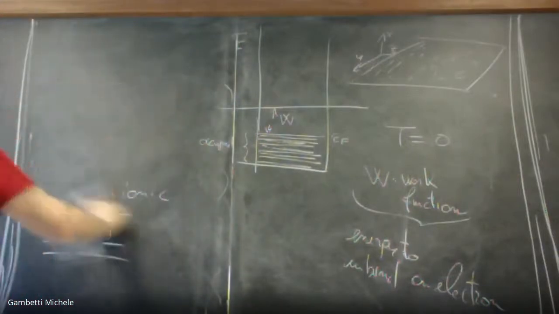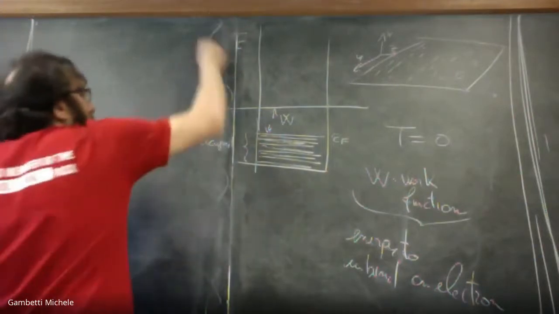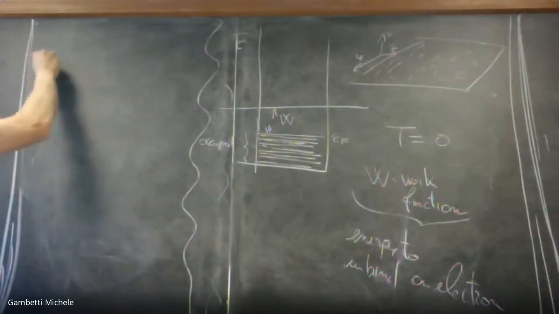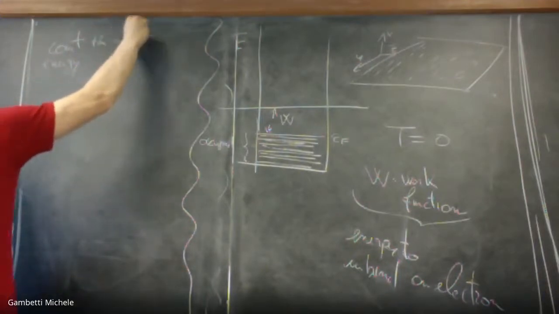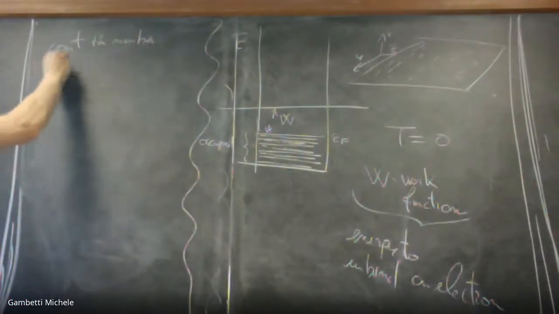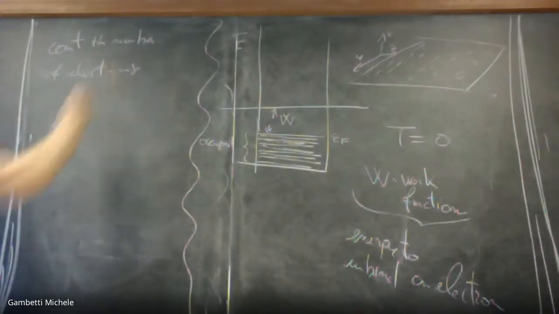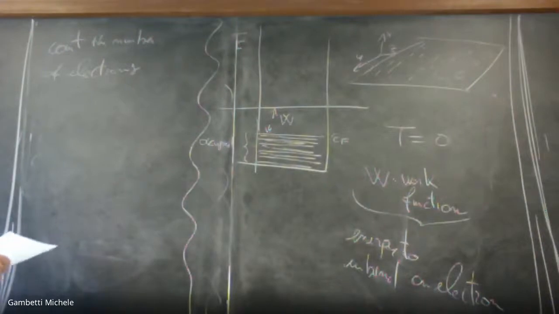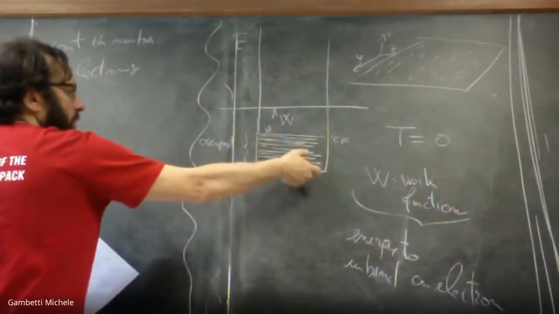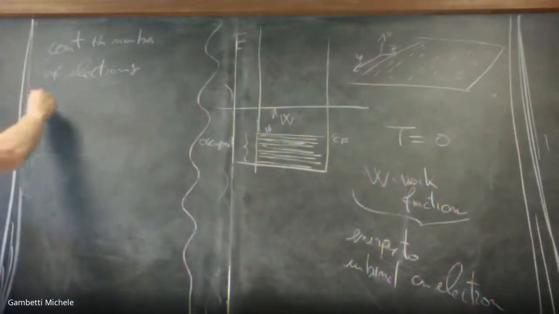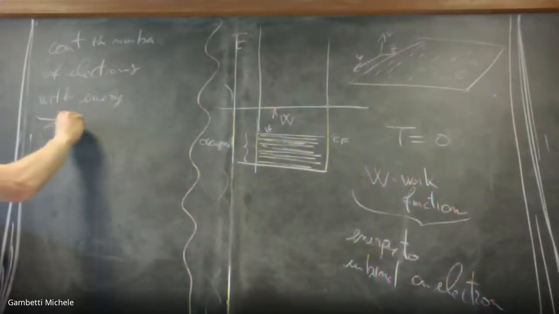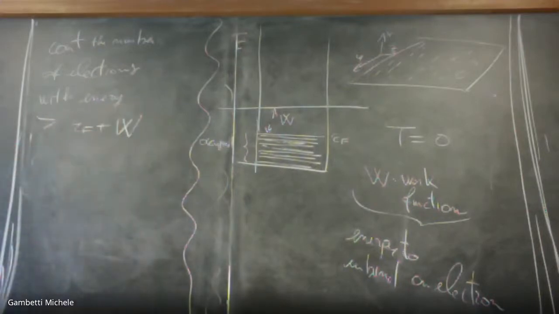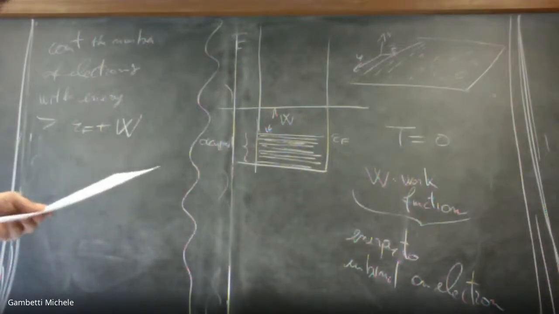So what you do in this calculation, which I will now just sketch, is to count the number of electrons with energies which are larger than EF plus W. So you take all the possible electrons from below, a number of electrons with energies larger than EF plus W. And to do the calculation, you then introduce a current.